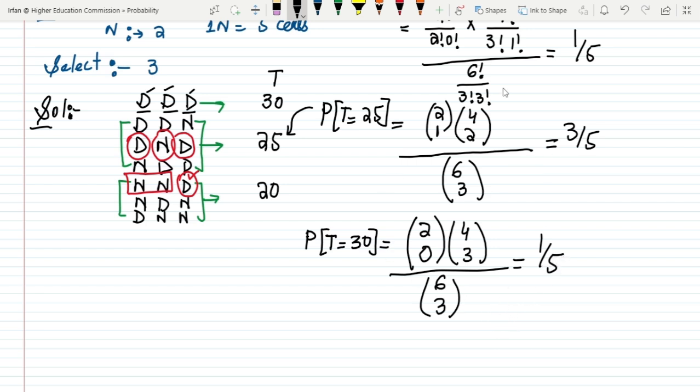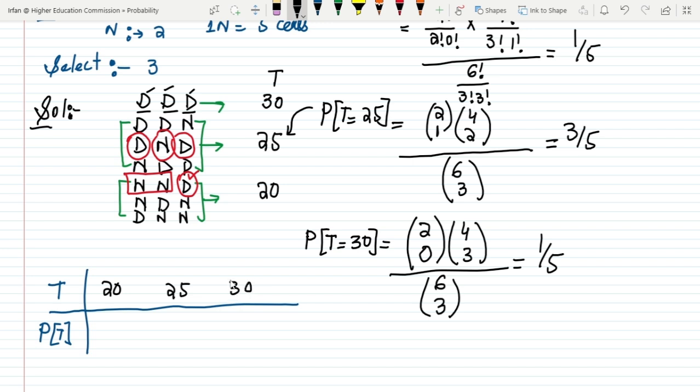So these are all the probabilities we have found out here. We can also write them out here. So let me write them out here. This is t, and this is the probability of t. Writing them out, t is 20, 25 and 30.